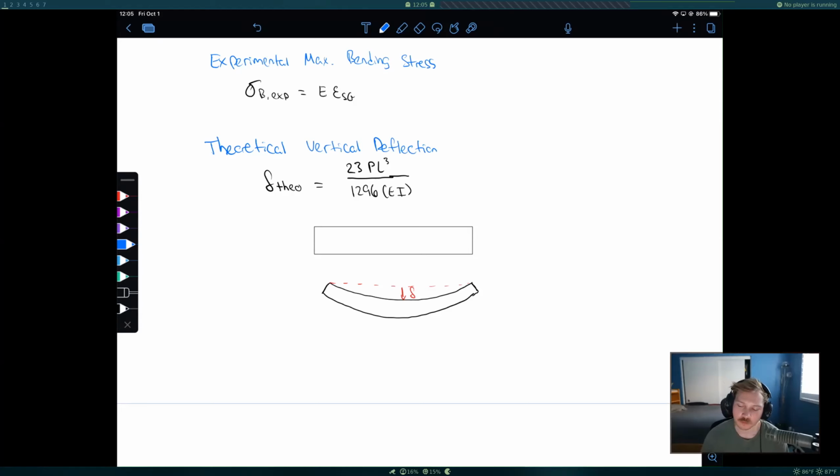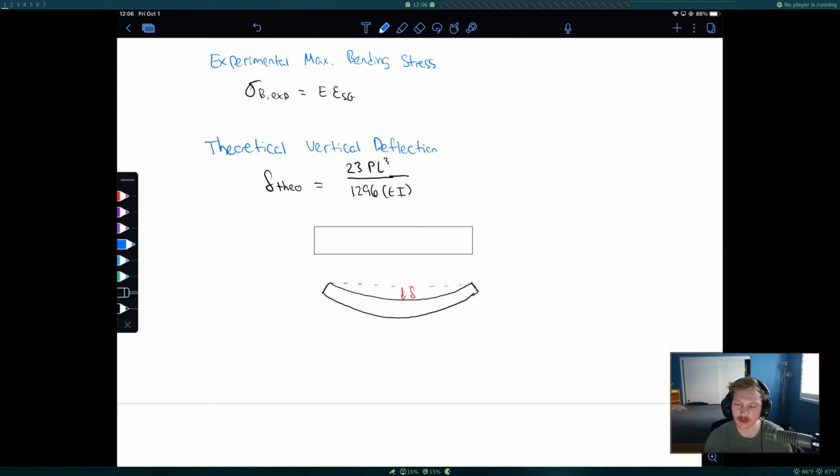So I'll bring this up to you once we actually do the lab next week, but the dial gauges that we have, some of them are a little finicky sometimes. So that little nub or that indicator that touches the beam, sometimes it gets kind of stuck and it doesn't record anything.